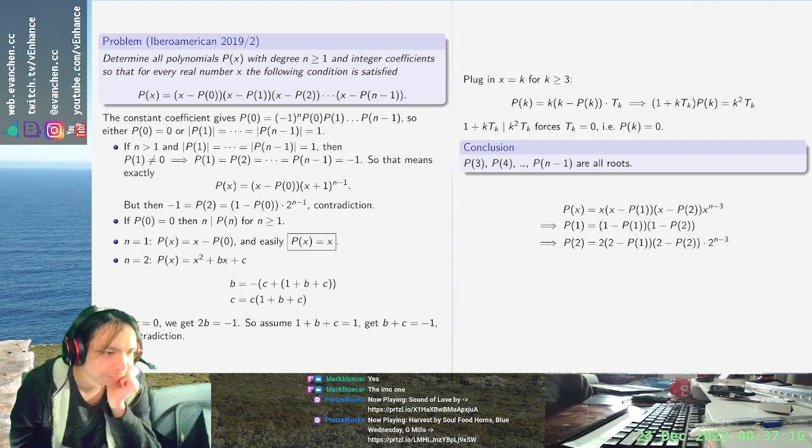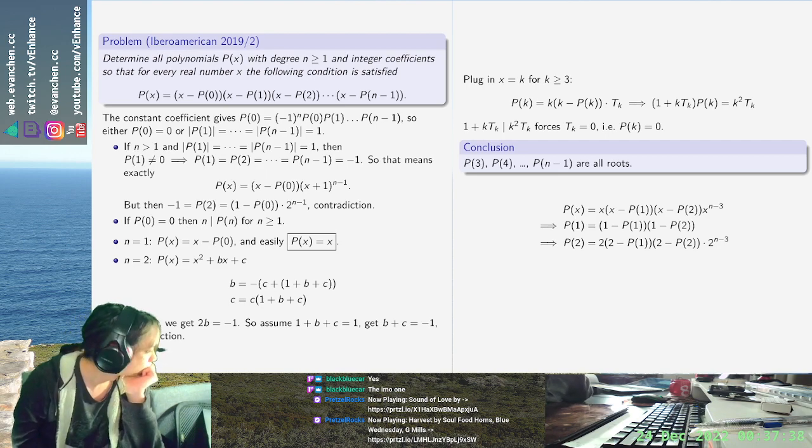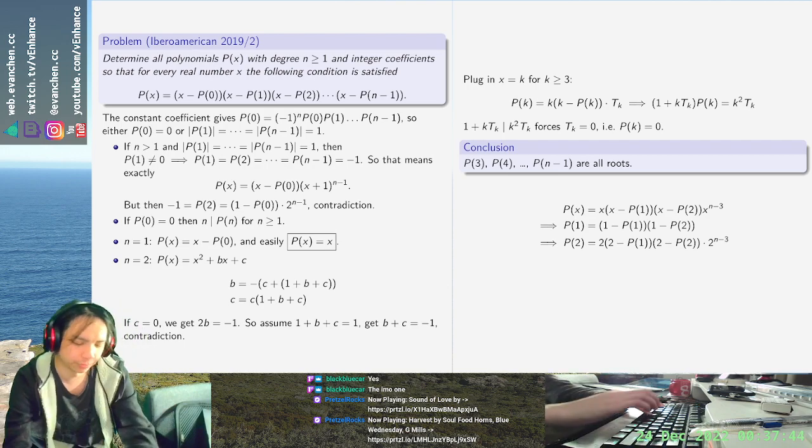Okay, so I should just be able to solve this, right? What's the least annoying way to do this? Yeah, I'm just gonna use Wolfram Alpha.